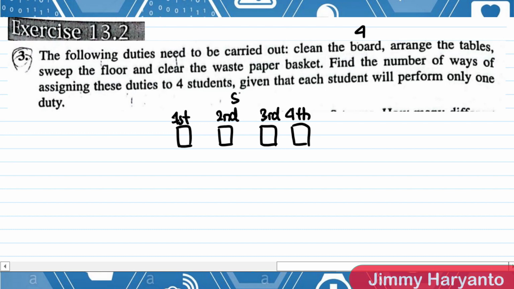One student only has to do one assignment. So we have 4 possibilities for the first student, and for the second it's only 3 because one task is already done by the first student. 4, 3, 2, 1 equals 24 ways.